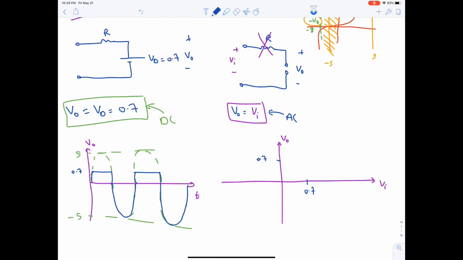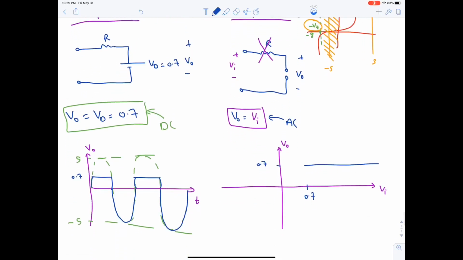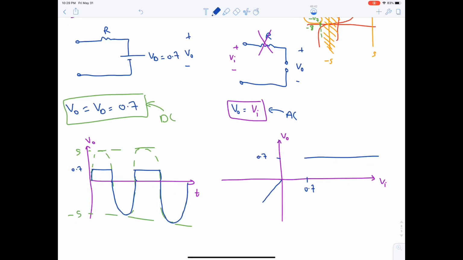That's why we have 0.7 here. And what is V output? It will be 0.7. That's why we have V output 0.7 on the y-axis. So here it's a DC value, constant value. And if VI is negative, V output is equal to VI. It's a straight line, and we need to connect it, so it becomes a continuous curve. It's going through the origin.